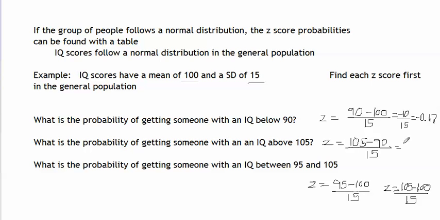This one is 15 over 15, which is 1. Rounded to 2 places. And then these ones come out to negative 0.33 and positive 0.33.